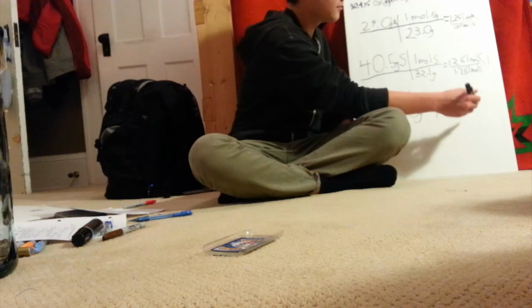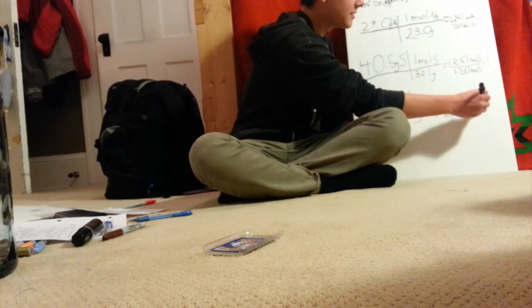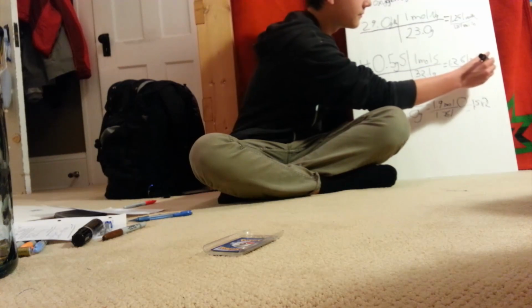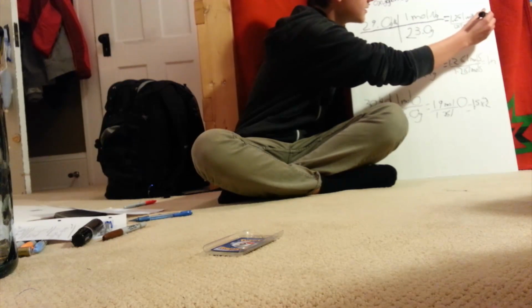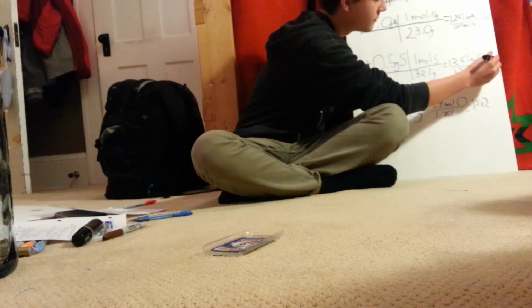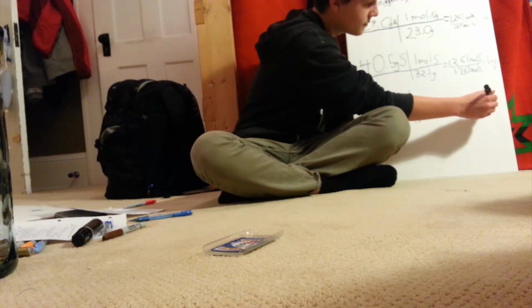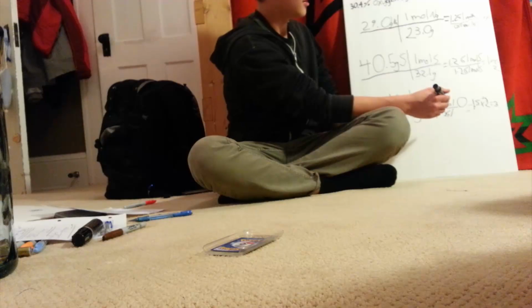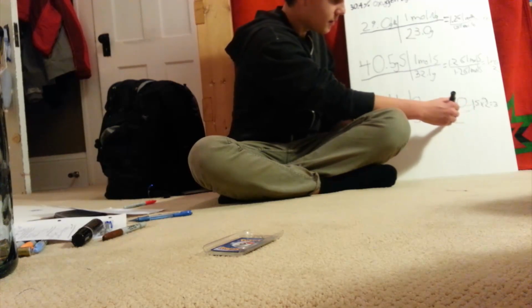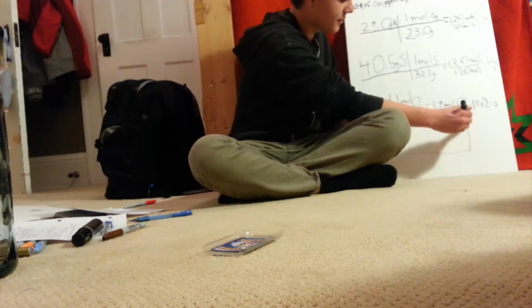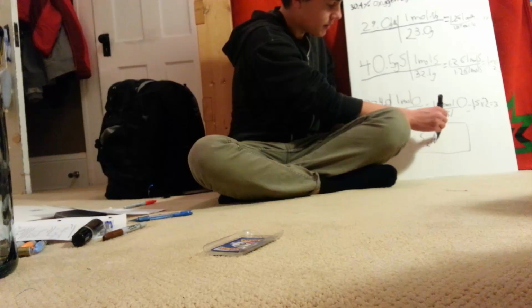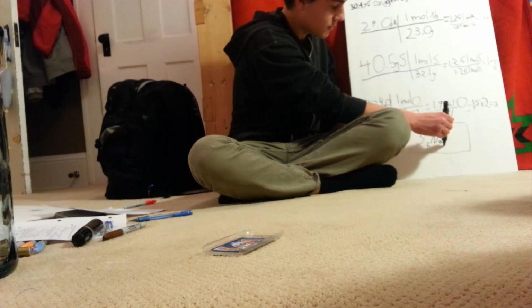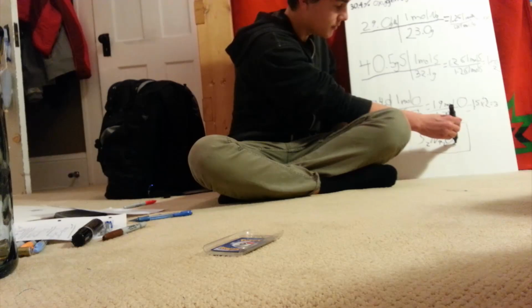So once we have that, well, we can't have 1.5 in our final answer, so we're going to need to multiply all of these by 2 so that we can get whole numbers. And that's going to give us 2, 2, and 3. So now we have all the information we need, and we can put our final answer as Na2S2O3. And there you have it.